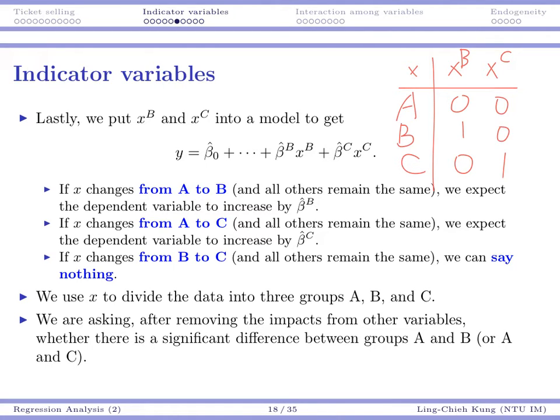So, in short, we use x to divide the data into 3 different groups, and we are asking, after removing the impacts from other variables, whether there is a significant difference between groups A and B or groups A and C. We have groups, and we ask whether there is a significant difference between groups, but we can only compare something with our reference value. That's the limit of a regression model.